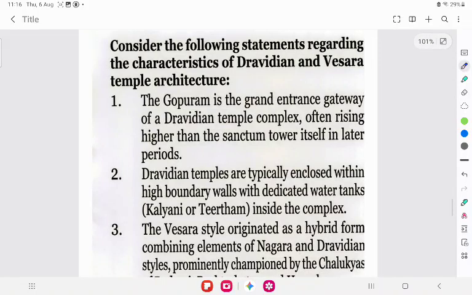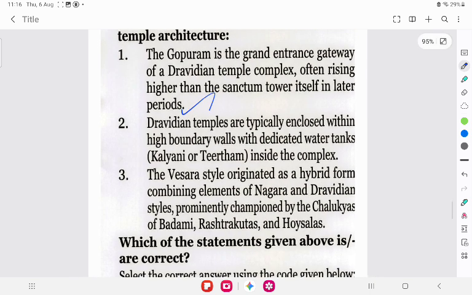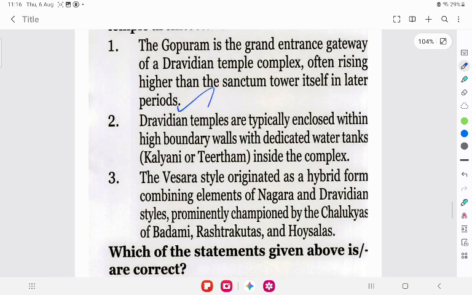Consider the following statements regarding the characteristics of Dravidian and Vesara temple architecture. The Gopuram is the grand entrance gateway of a Dravidian temple complex, often rising higher than the sanctum tower itself in later periods. Yes, this statement is correct. Dravidian temples are typically enclosed within high boundary walls with dedicated water tanks inside the complex.